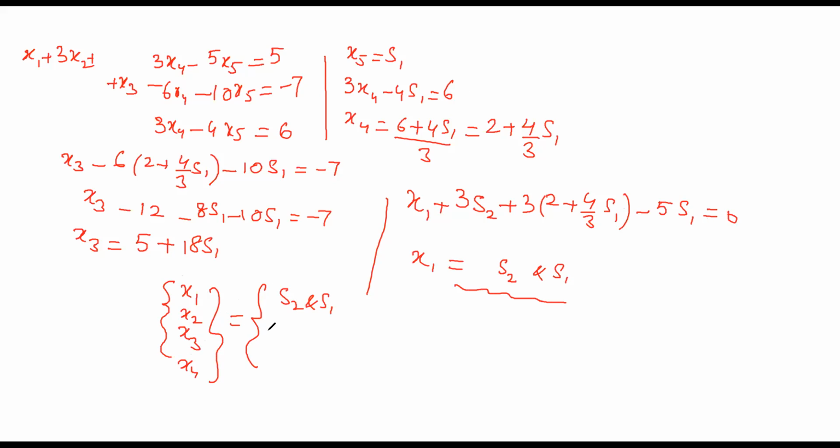The value of x2 was actually s2. The value of x3 was in terms of s1, and the values of x4 and x5 are also in terms of s1. The value of x5 was itself actually x5. So whatever value you find, you can input over here and then it will complete the solution.